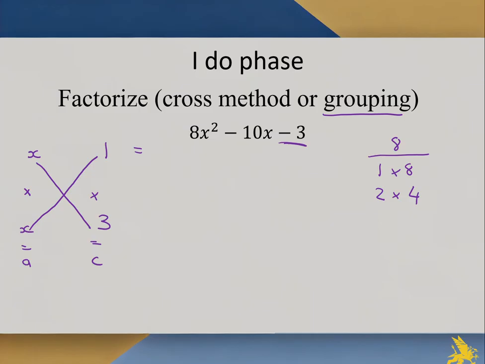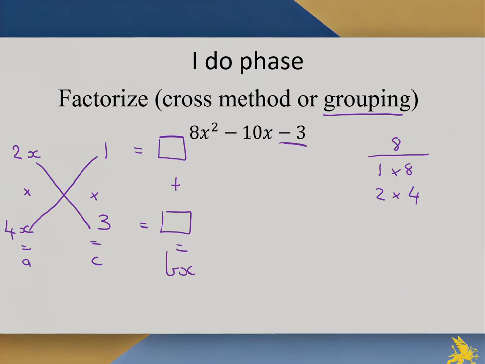This part here will give us our b values. And if we add those together, we will have our bx. So be mindful. So I'm just going to stick with 2 and 4. This is a bit of trial and error.